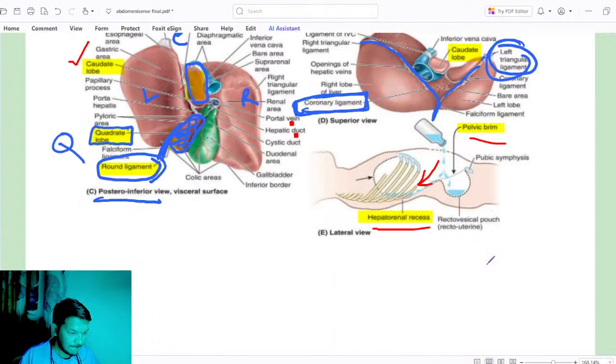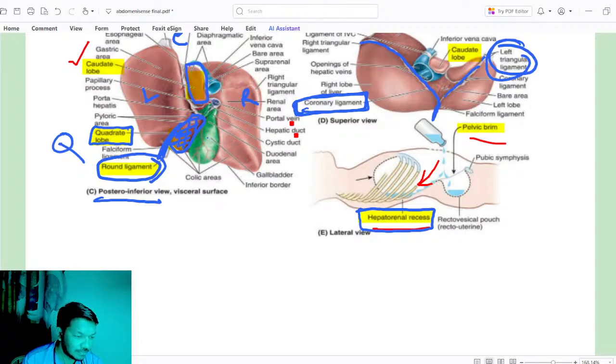Now see one point. If a patient is in the supine position, there will be a dependent part of the body where most of the fluid accumulates. It is called the hepatorenal recess, the space between the liver and kidney.